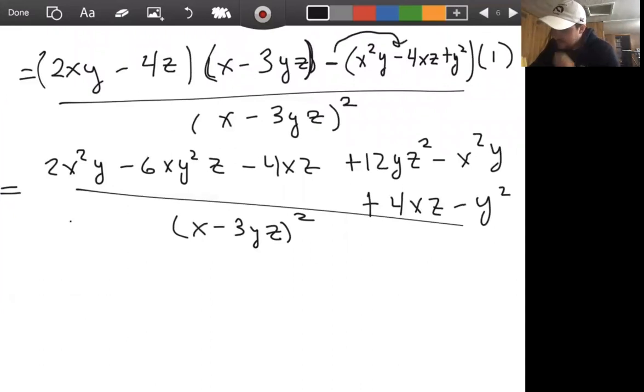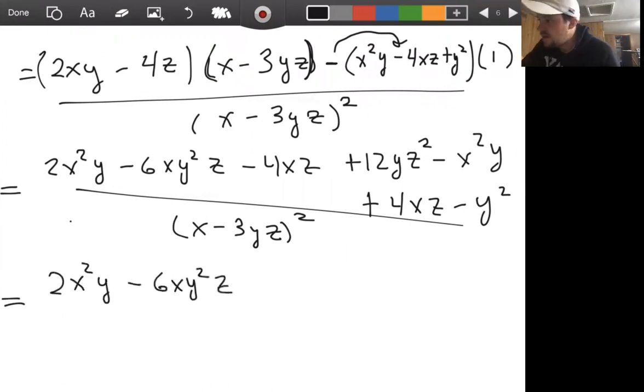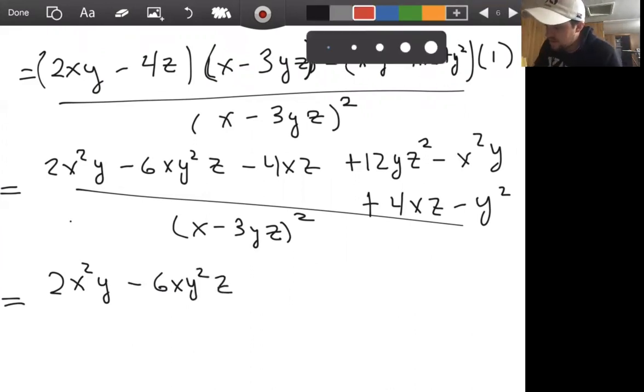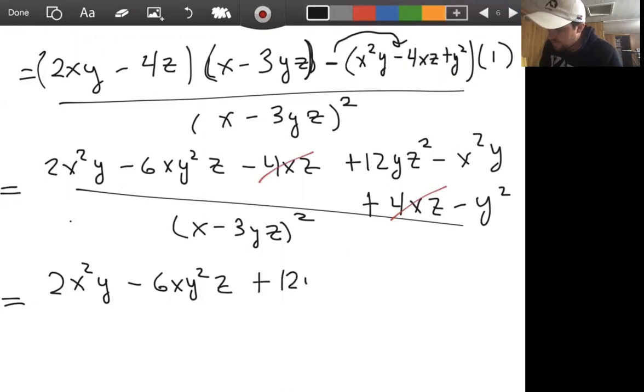So it should be plus. And it looks like our answer should be 2x squared y minus 6xy squared z. These cancel. Plus 12yz squared minus, okay, so we do have one term we can simplify here.